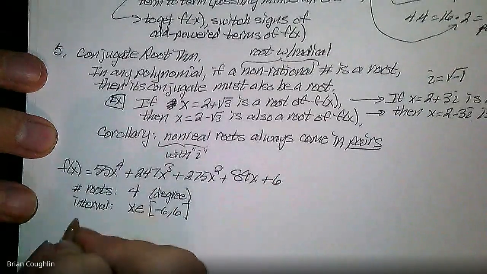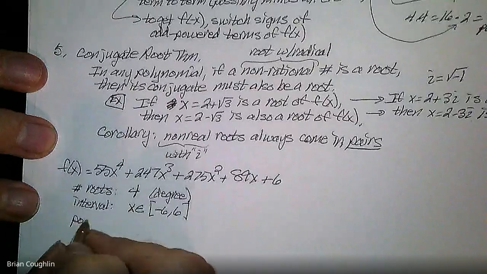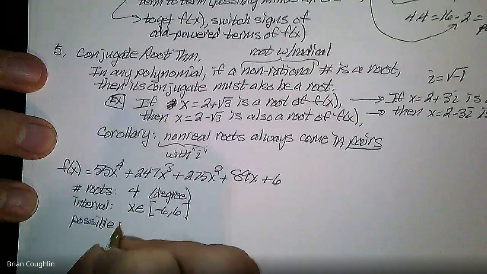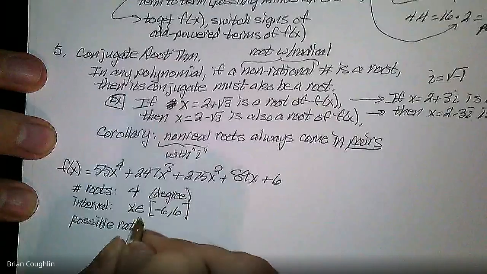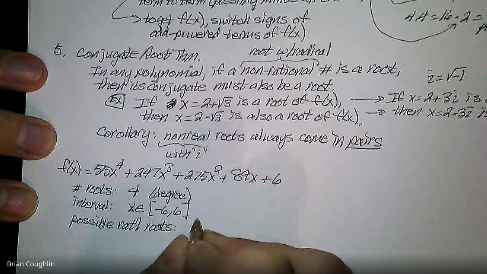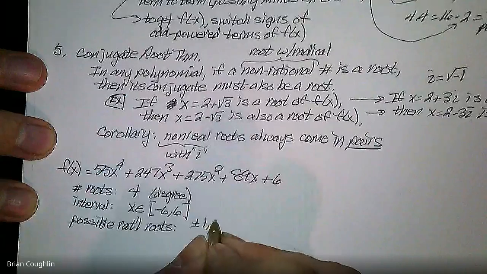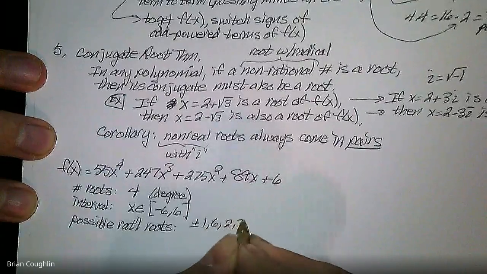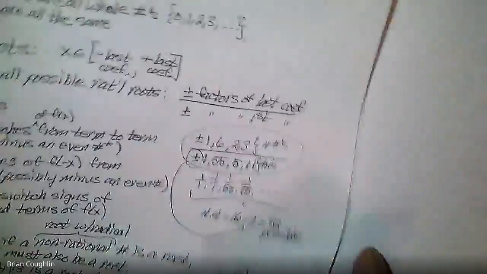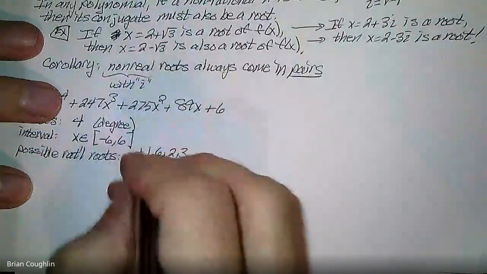What is the list of possible rational roots? I think we already did that. I'll just recopy it down here. It's plus or minus 1, 6, 2, 3. Yeah, I did do that up above. It's up here, but I'll copy it down here just so we can have a reference to it.